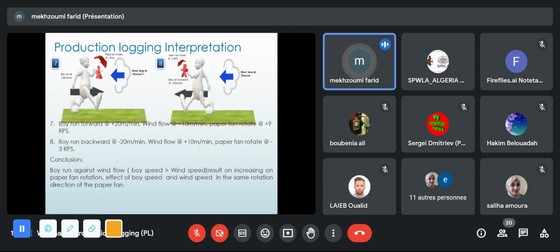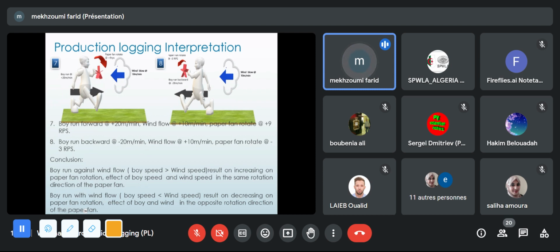So you always have more RPS. But in the other case, when the buoy ran with wind flow, with buoy speed less than wind speed, it results in decreasing paper fan rotation, the effect of the buoy and wind being in opposite rotation. I mean when he is going backward.